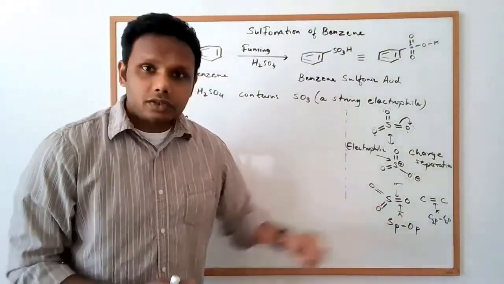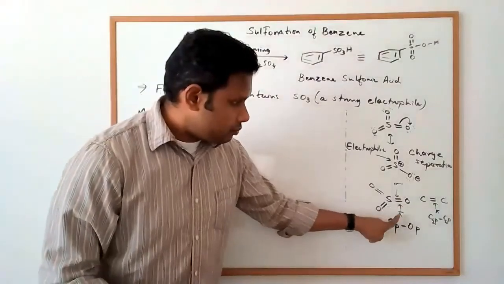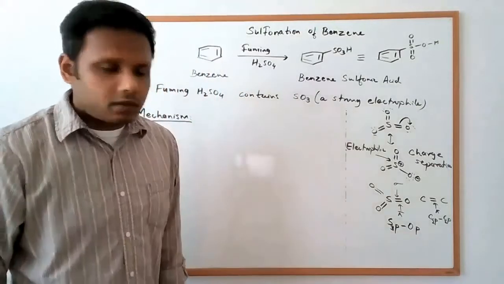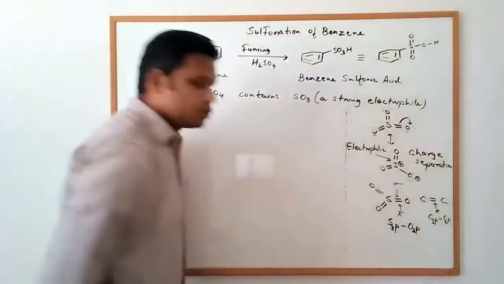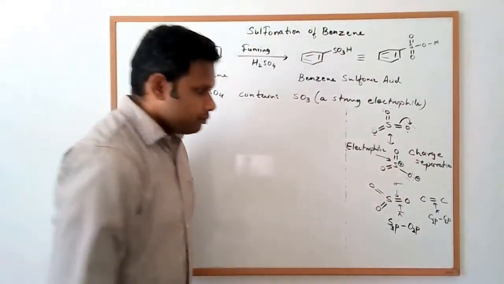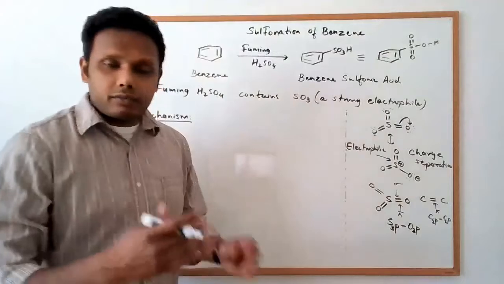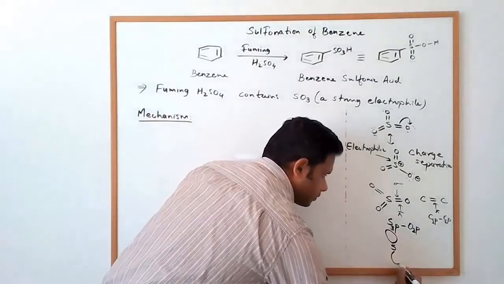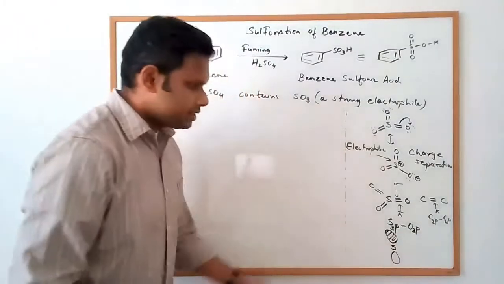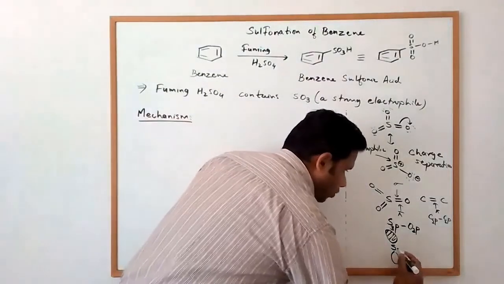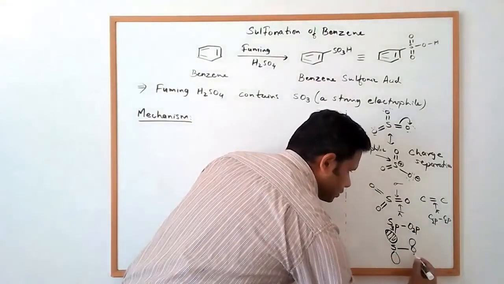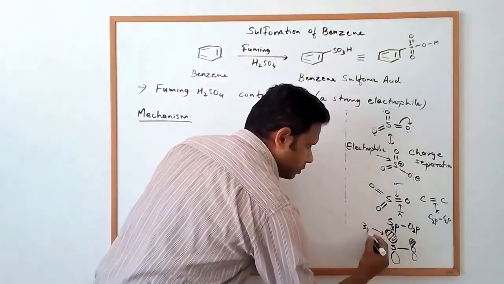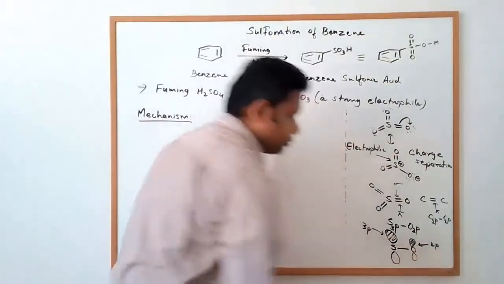Whereas for the sulfur-oxygen double bond, this pi bond is formed by the overlap of a sulfur's 3p orbital with an oxygen's 2p orbital. And because these p orbitals are from different energy levels, so we're looking at a sulfur p orbital, which is 3p in nature, overlapping with an oxygen's 2p orbital. So this p orbital here is 3p, and this one is 2p.